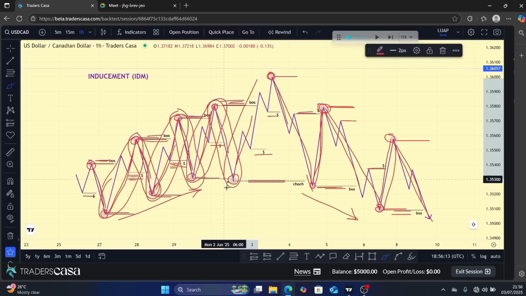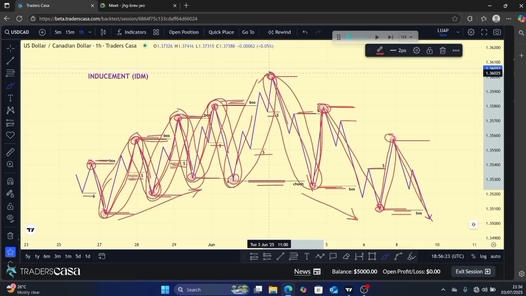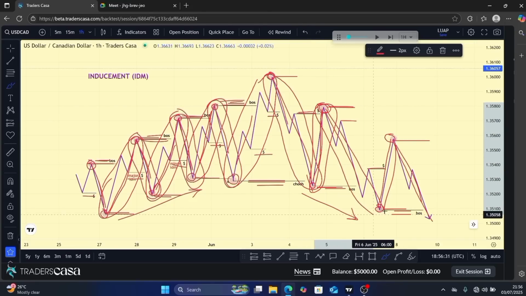This one here is an impulsive leg, and now after price has made a change of character, this becomes the impulsive leg because we are currently in a downtrend. Then this one here, the one that is opposite of the prevailing trend, is what we call the corrective leg. This one here is the impulsive leg, and you can see the process continues and continues.